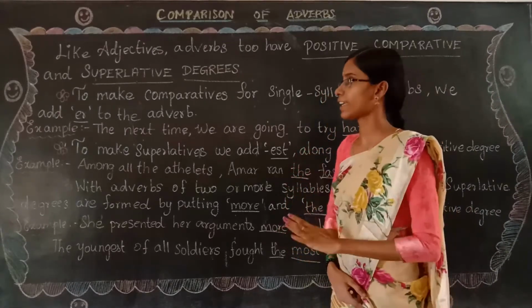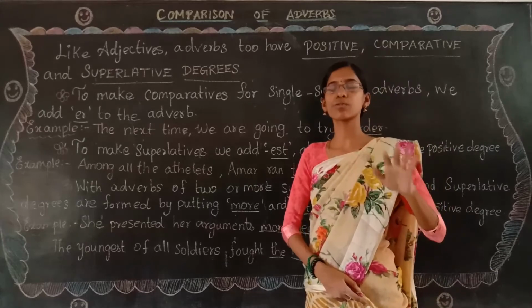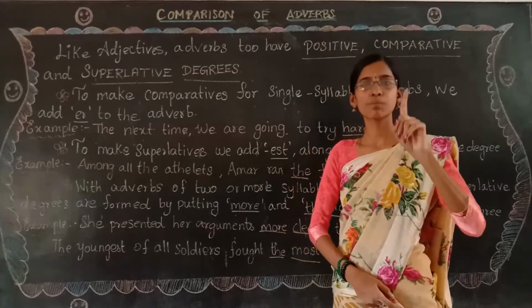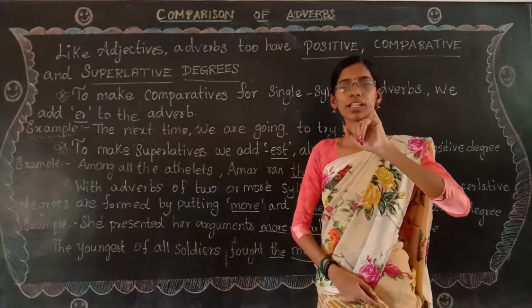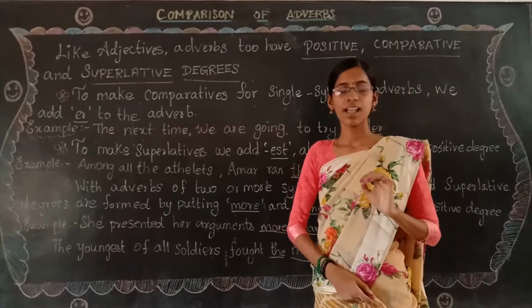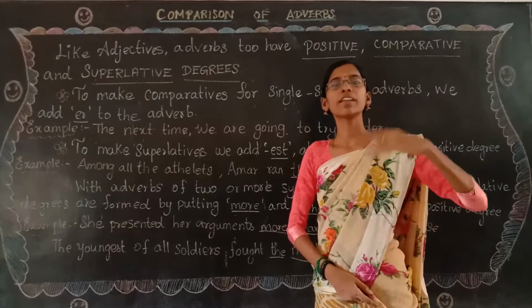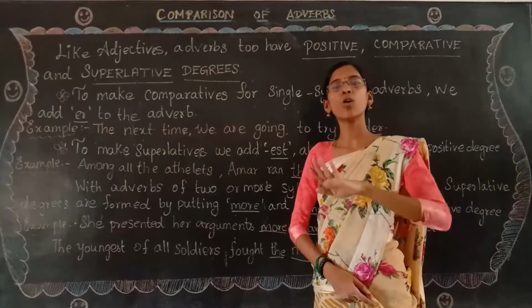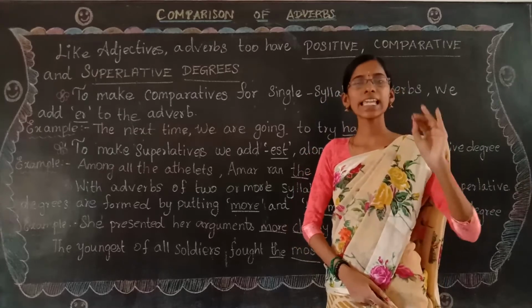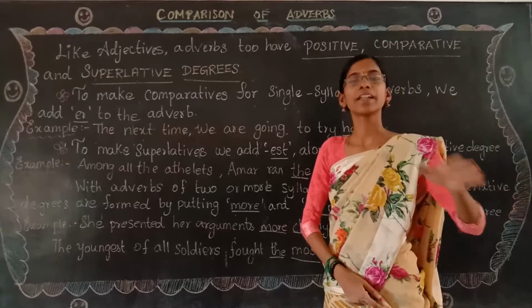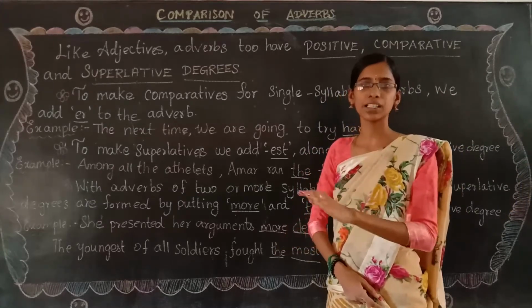I repeat again. Like adjectives, we have three degrees. One is positive, one is comparative, and the last one is superlative. The positive degree is the adverb as it is, the comparative degree is when we add er or more to the adverb, and the superlative degree is when you add est in some words and the most in some other words.